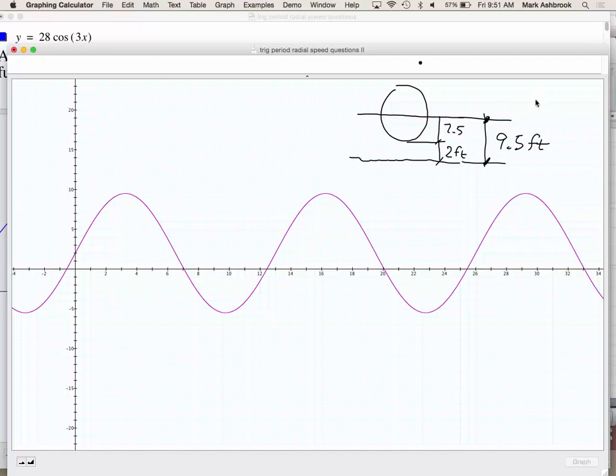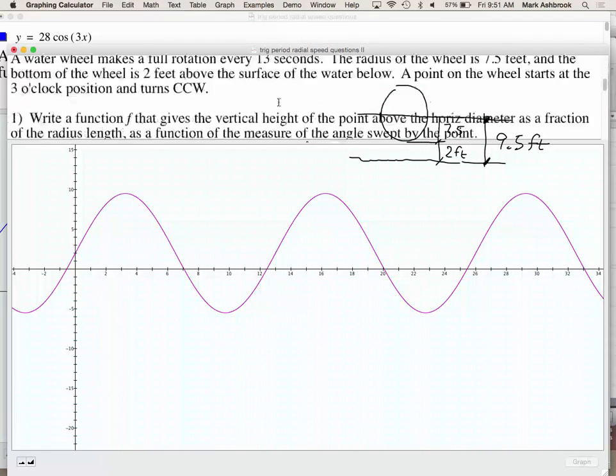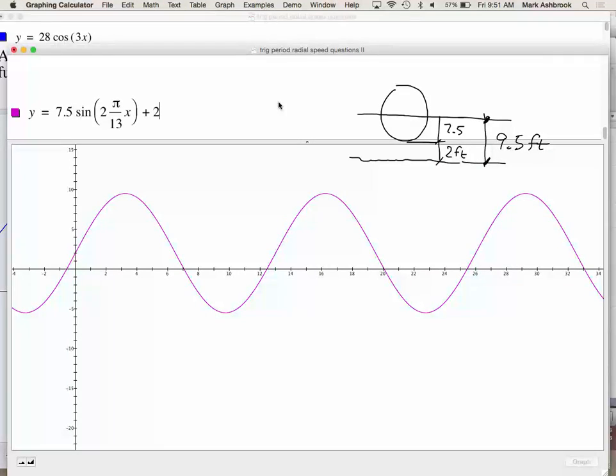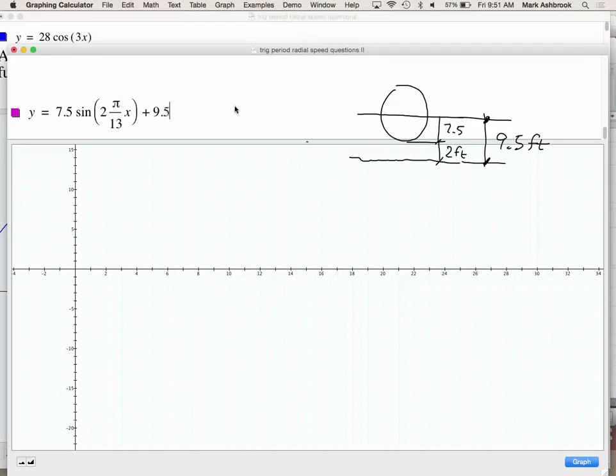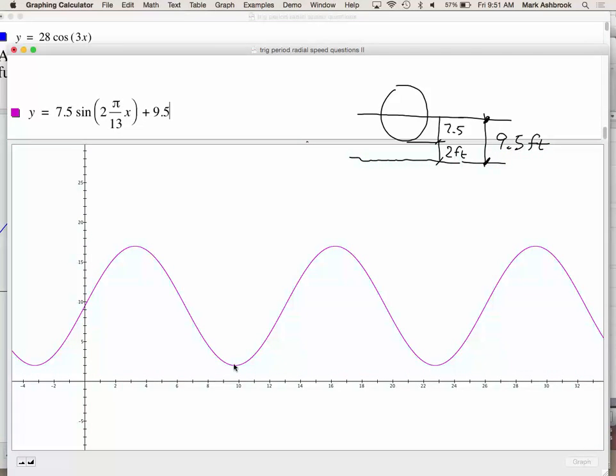So when I move it up 9.5 feet, there we go. See, now the bottom of the wheel is 2 feet above the water. There it is.